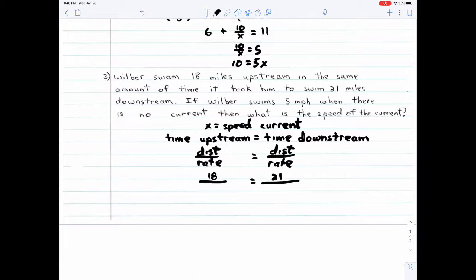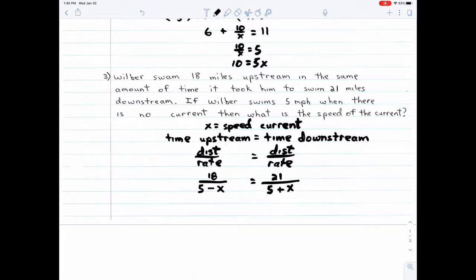So it's got to be the speed without the current, which is 5. And then upstream is going to be minus the current, and downstream is going to be plus the current. Okay? So be careful. It's not always x plus or minus something. It's always the speed of the thing when there's no current plus or minus the current or the wind or whatever it is.